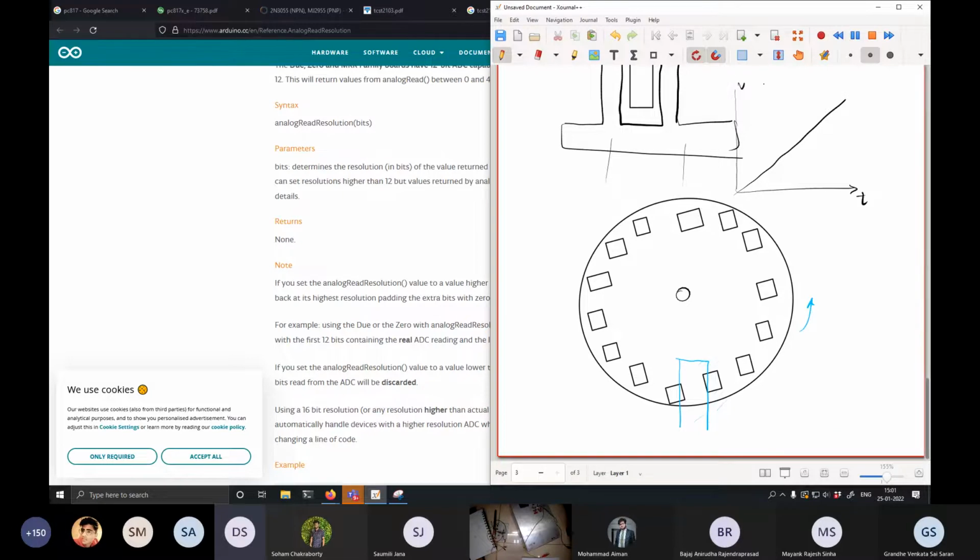This is time, this is volt, and if the resolution is very bad, if your microcontroller can only read these discrete steps, so this is a low resolution microcontroller. If you give an analog input like this, the microcontroller will read something like this. You understand? It can only read these discrete levels.